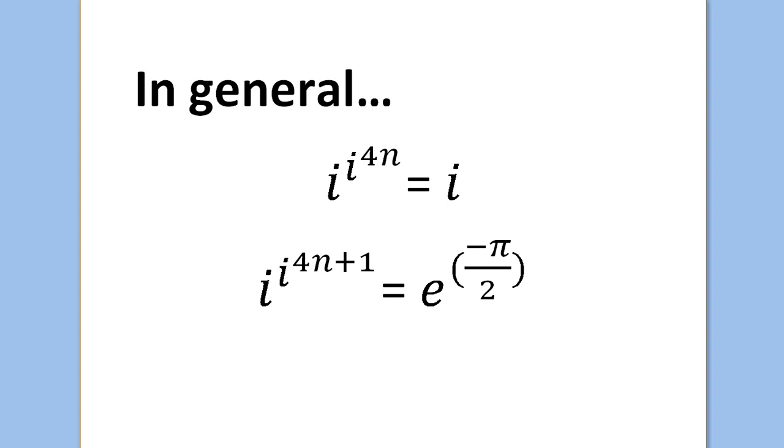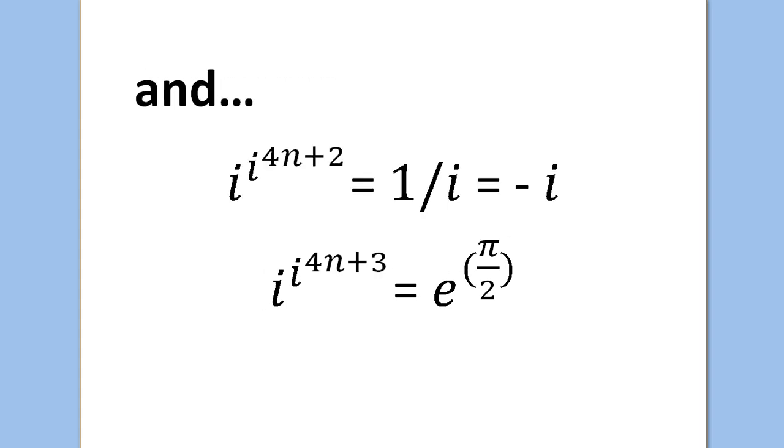So in this one, we let n equal 0 again, and we get i to the i to the 1, which is i to the i. And that's equal to e to the power of minus pi over 2. And we've already worked that out. However, if we plug in any value of n there, 0, 1, 2, 3, 4, up to infinity, we'll get the same answer. So i to the 5th would give us the same answer. i to the 9th, etc.